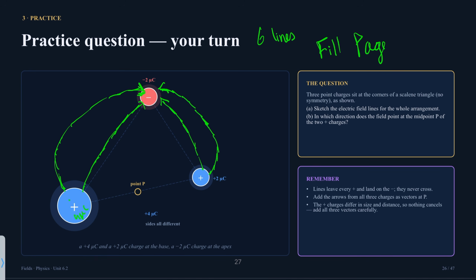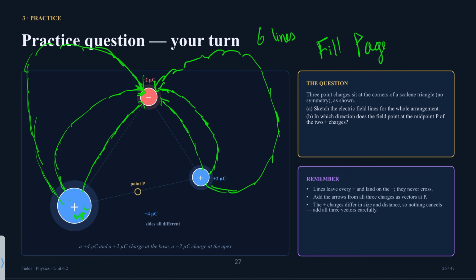And then maybe one goes super long, like that. Similarly, one goes super long, like that, okay? And then from that, we have our electron attracting both adequately, okay?